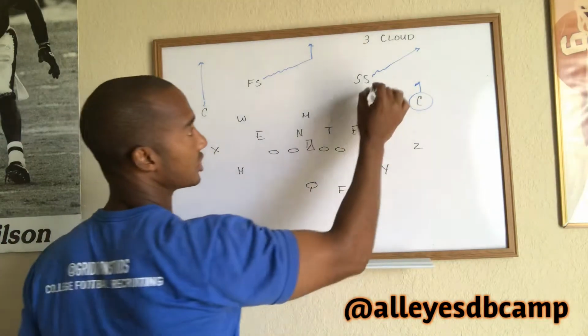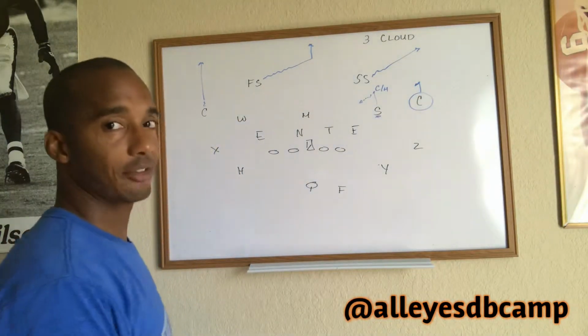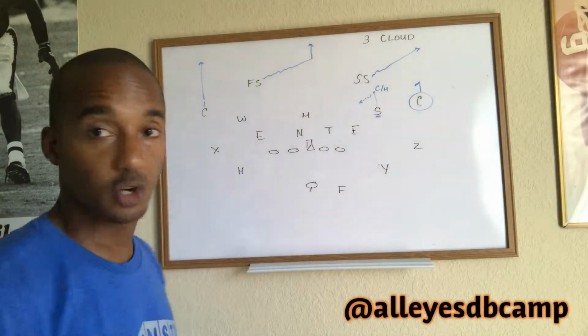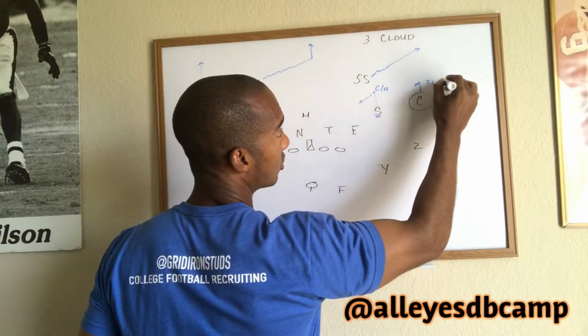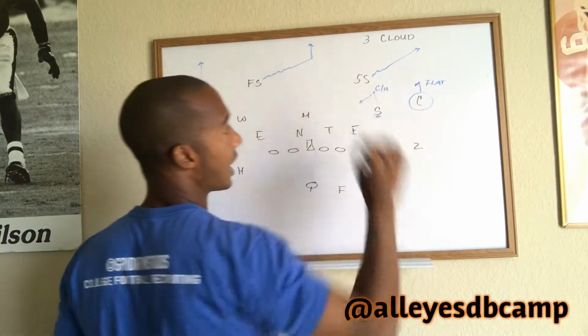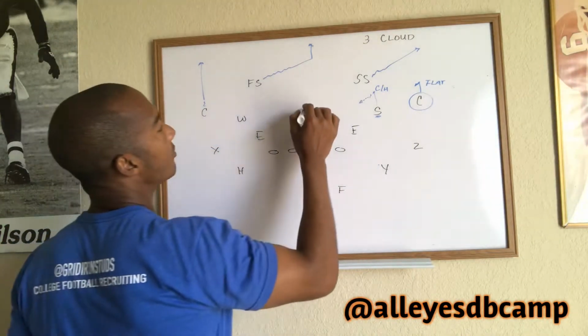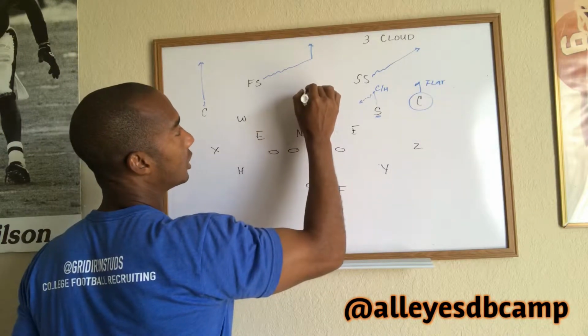All right, so you're in this curl area and you're going to have probably one half of that hook. Those are variations that your coach could make. You definitely got this curl area, okay? Flat is covered by this strong side corner, and you've got curl area and maybe perhaps the hook. All right, so middle linebacker, you're going to have this low hole area.